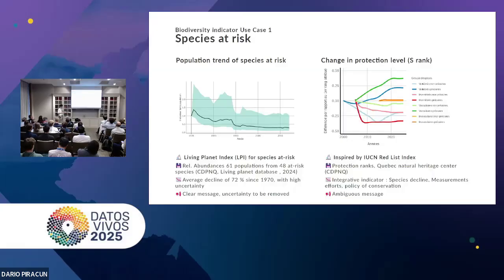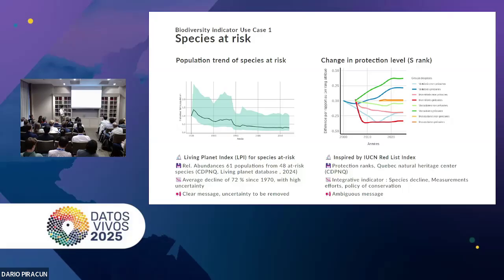So the first dimension we wanted to represent is the species at risk. We selected 2 indicators. One is the Living Planet Index, which tracks the population trends, especially only for species at risk. And the other one is the change in protection level, which is inspired by the IUCN Red List Index.